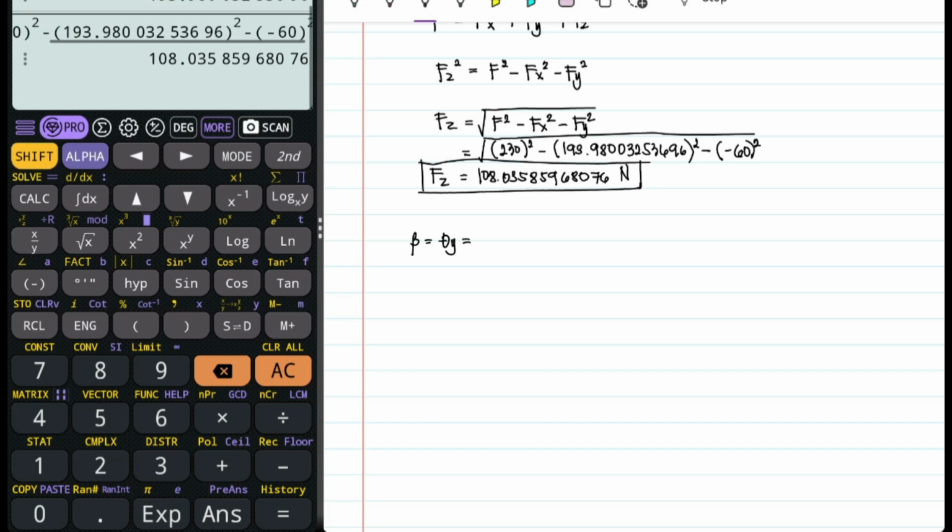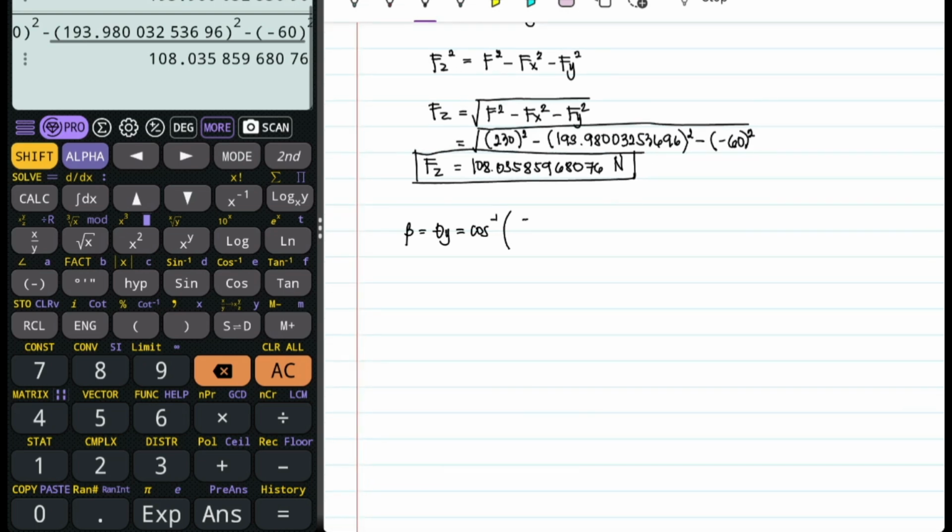We can now solve for the remaining requirements of this problem, which are the angles beta, or theta sub y, and gamma, theta sub z. So for our theta sub y, that is the inverse cosine of f sub y, which is negative 60, divided by F, which is 230.